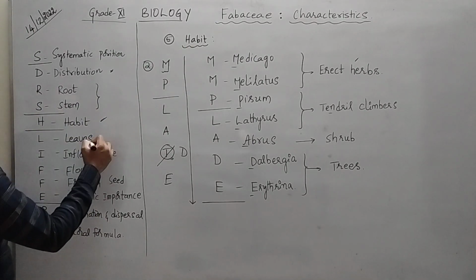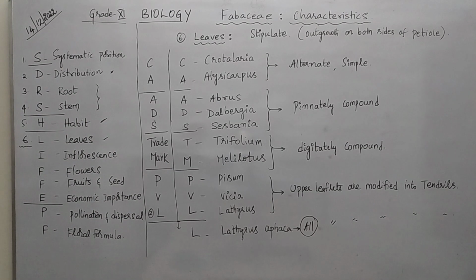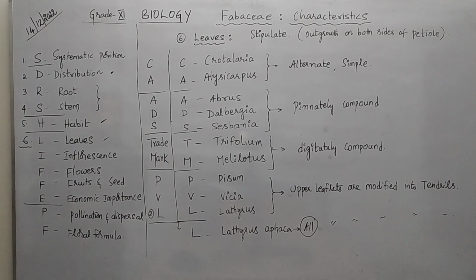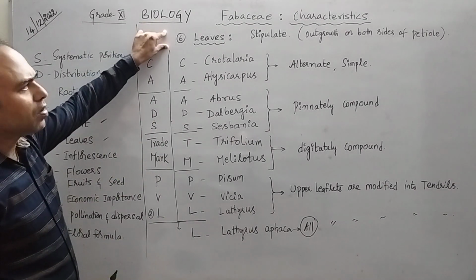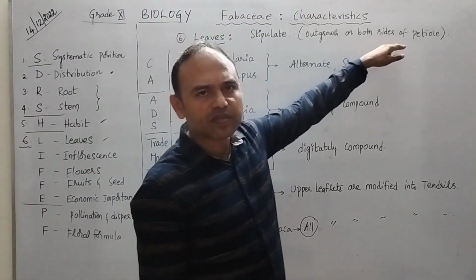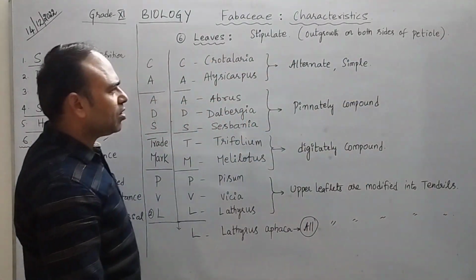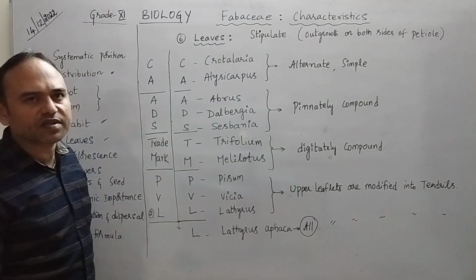Now let us go to the next one, that is leaves. In Fabaceae the leaves are stipulate, that is, outgrowths on both sides of the petiole. I am not going to explain what is alternate, simple and all; we have already discussed that in morphology.